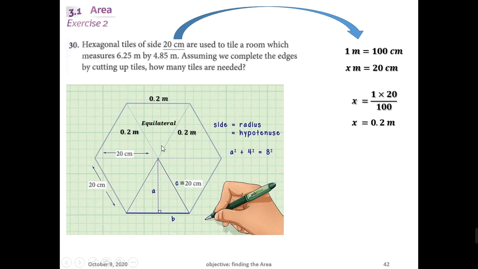Each angle in an equilateral triangle is equal to 60 degrees, because the sum of angles in a triangle is equal to 180, and 180 divided by 3 is 60, 60, 60. Because in an equilateral, if all sides are equal, then all angles are equal as well.